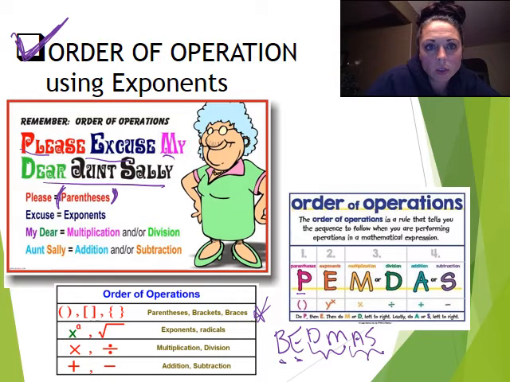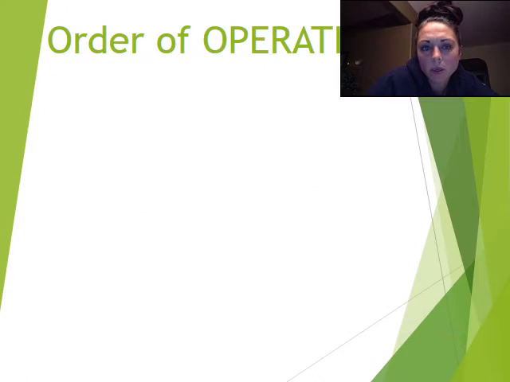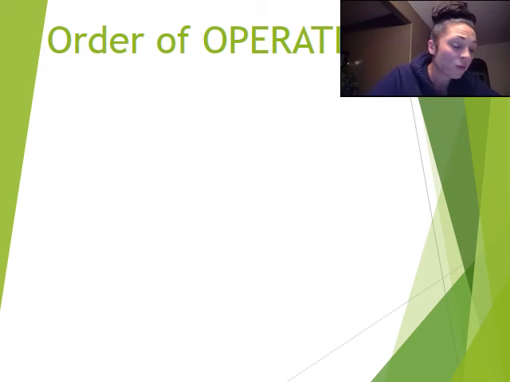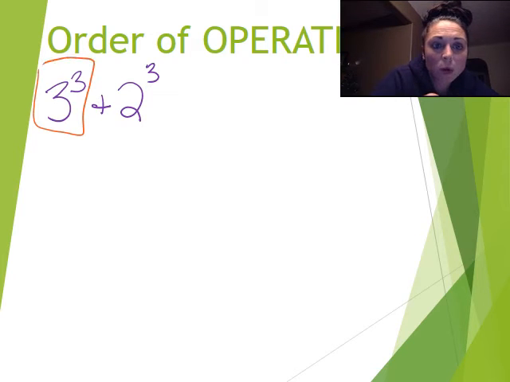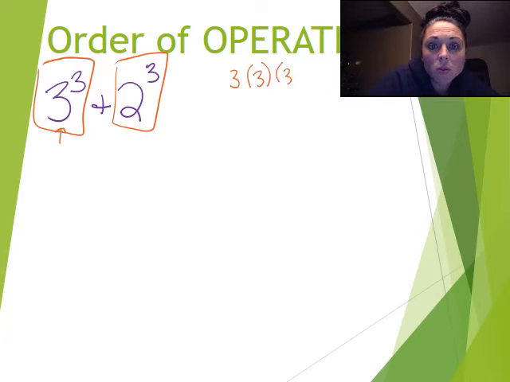So let's go into some examples of order of operations, because this is a review of a previous outcome and we've all been doing order of operations. So if I have 3 to the power of 3 plus 2 to the power of 3, according to the order of operations, we have to perform this exponent plus this exponent. This exponent right here means 3 times 3 times 3, which equals 27.